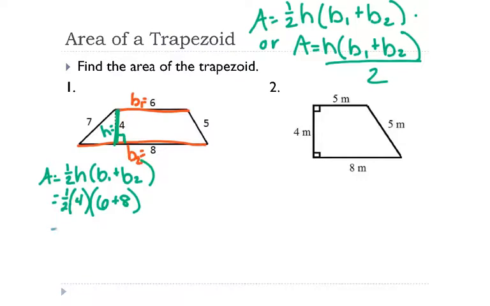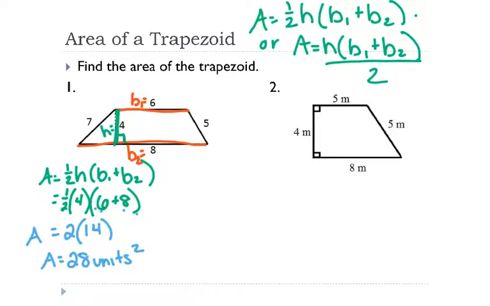So half of 4 gives me 2. And then I'm just going to do what's inside parentheses with order of operations. So 6 plus 8 gives me 14. And now all you have to do is solve 2 times 14. Well, 2 times 14 is 28. And since no units are given, I'm just going to identify it as being units squared.